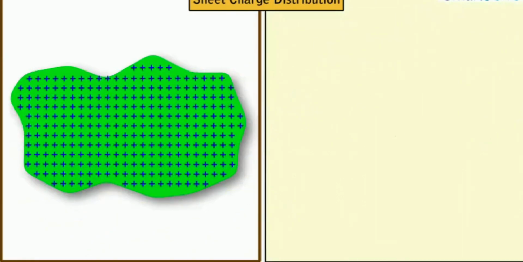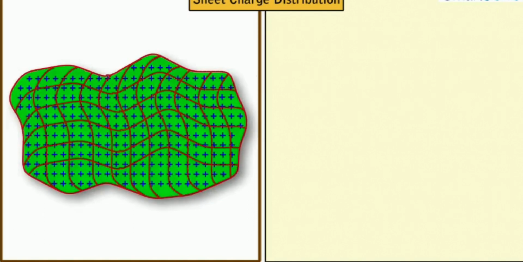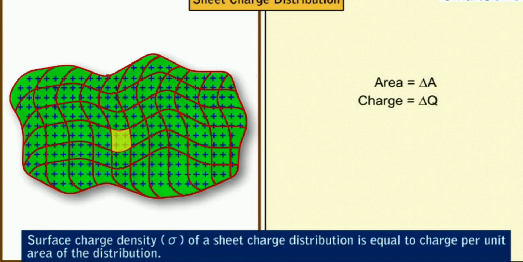Now, let us consider a sheet of charge carrying a total charge Q on a surface area A. In such situations, the electric field strength at an imaginary point P can be calculated by assuming the charge distribution to be divided into infinitesimally small areas, each having an area delta A and a charge delta Q. Surface charge density sigma is the charge per unit surface area.